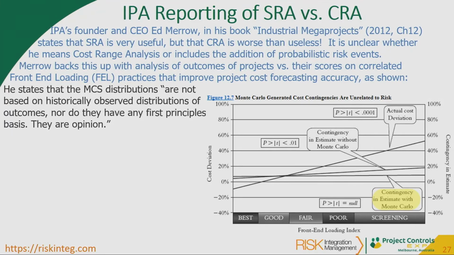And the contingency in an estimate without Monte Carlo is the one with a very shallow increase in slope. The nearly horizontal line is the contingency in estimates with Monte Carlo, and the actual cost deviation is the straight line he's drawn that has a steep slope, and he gives you the residual uncertainty for these things in the little boxes. So he's quite rigorous with stats.